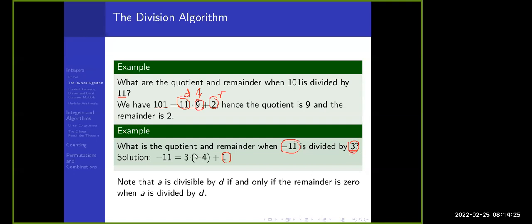One might be tempted to use negative 3 here, but if you use negative 3 here, you'll have minus 9, and the remainder will be negative, right? And we want the remainder to be positive. So for you to get back to minus 11, you have to subtract 2. We want the remainder to be always non-negative, between 0 and strictly less than the divisor.